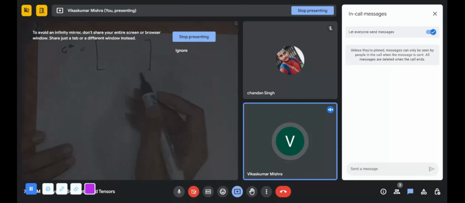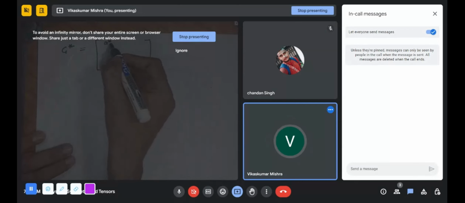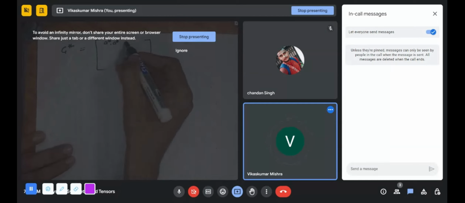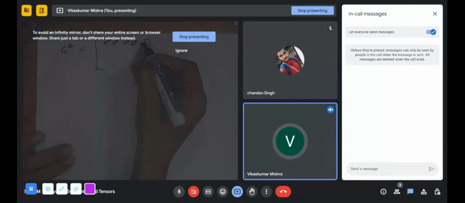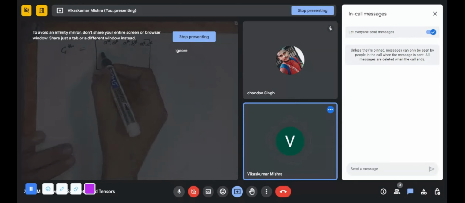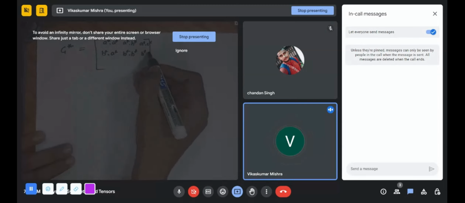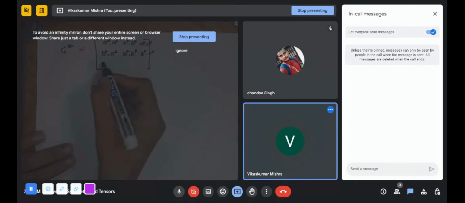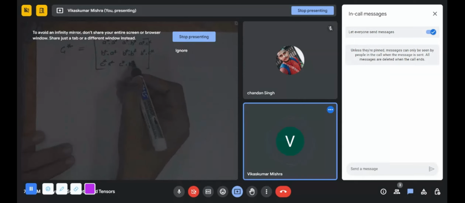We can say it will be A star dot A star, A star dot B star, A star dot C star. Here it will be B star dot A star, B star dot B star, B star dot C star. Then C star dot A star, C star dot B star, and C star dot C star.